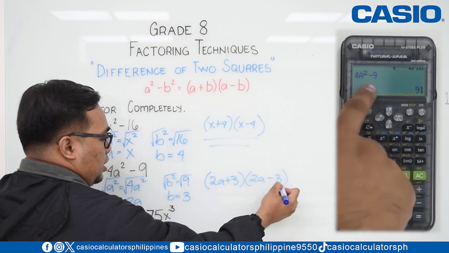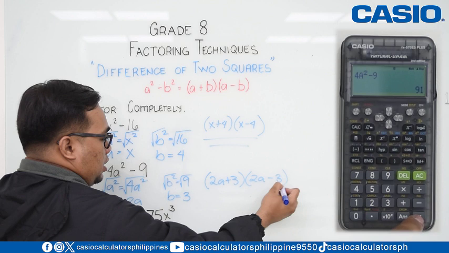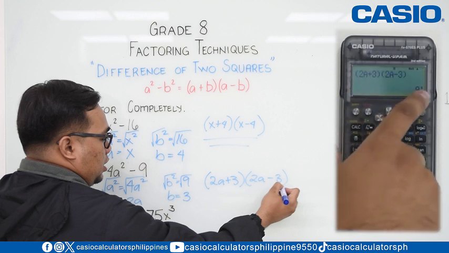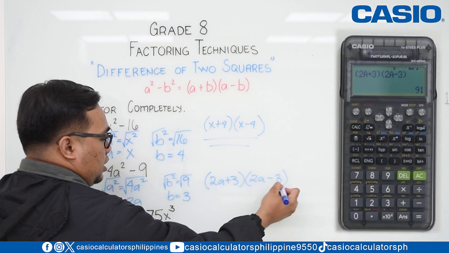So 4a squared minus 9 is 91, and our answer previously, 2a plus 3 times 2a minus 3, is also 91.